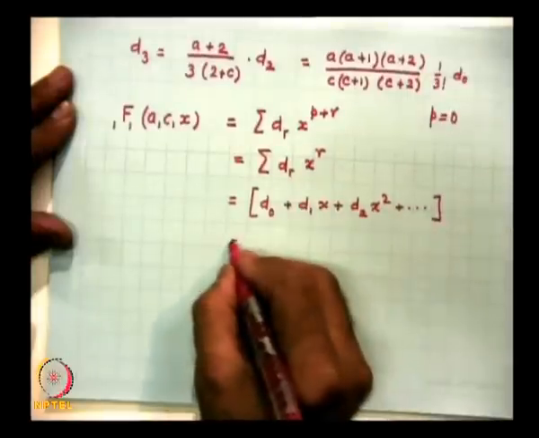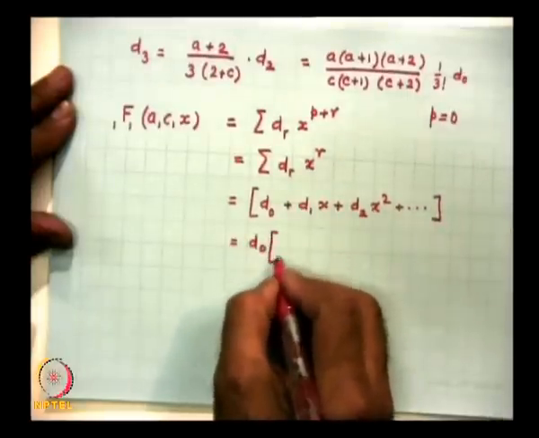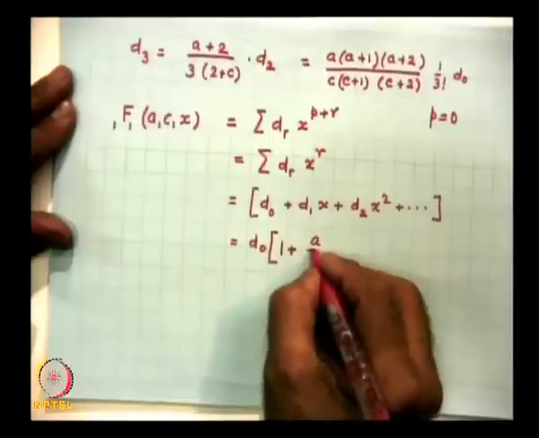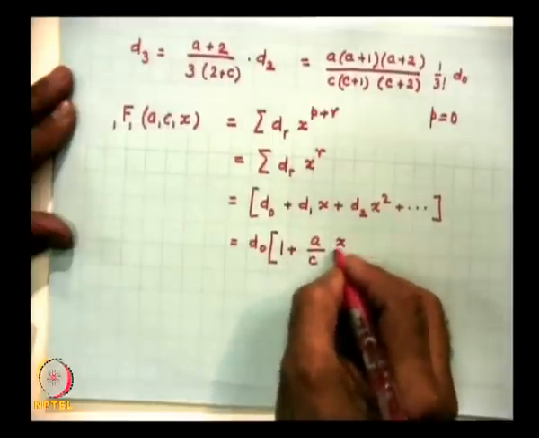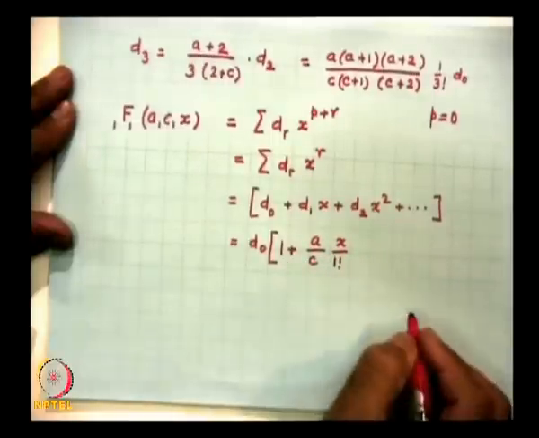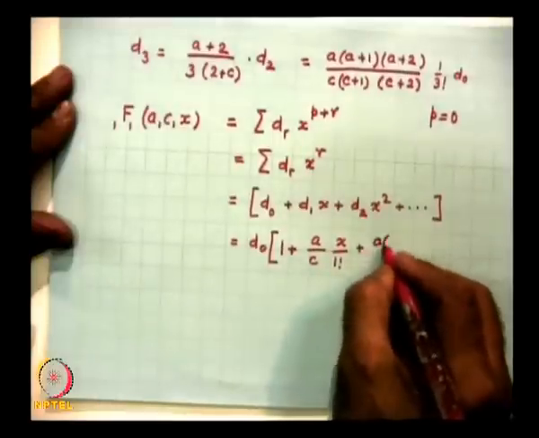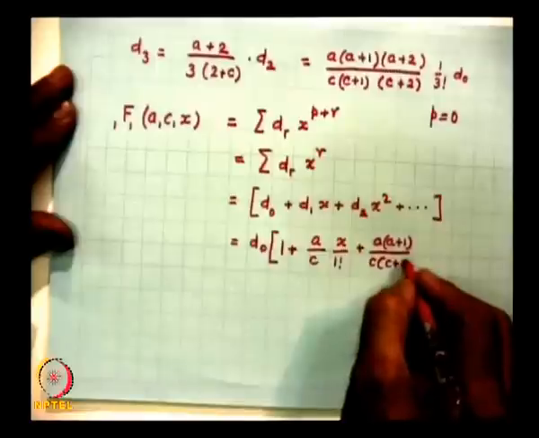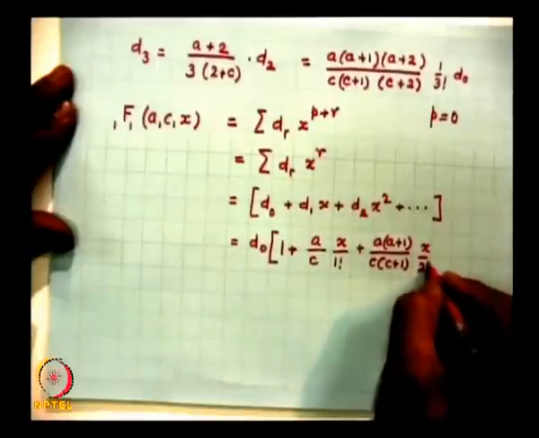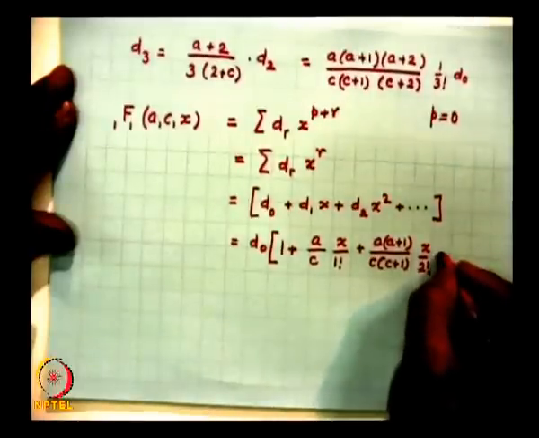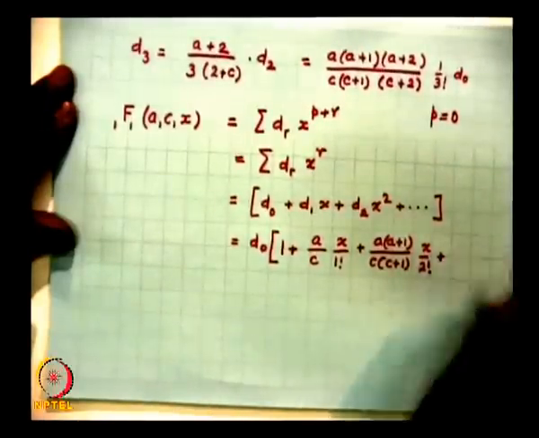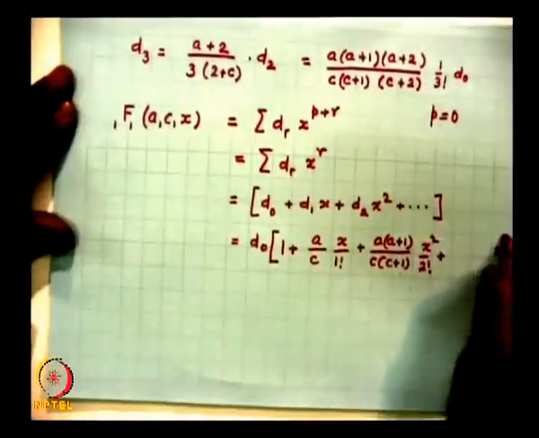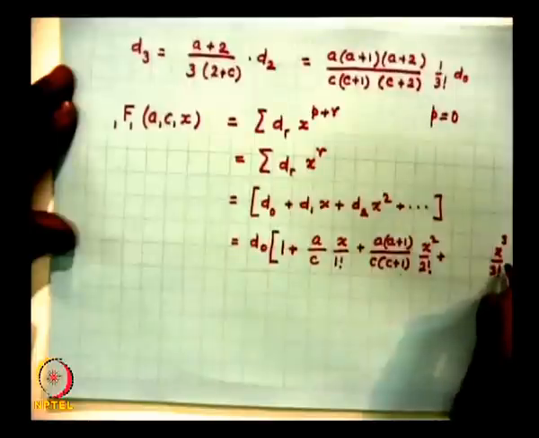If I take d0 outside, I get 1 plus x d1 by d0, that is a by c x by 1 factorial plus a into a plus 1 by c into c plus 1 x square by 2 factorial plus a into a plus 1 into a plus 2 by c into c plus 1 into c plus 2 x cube by factorial 3.